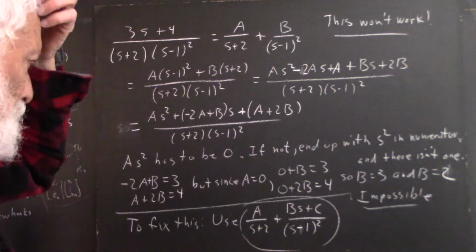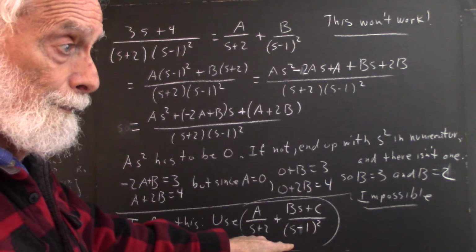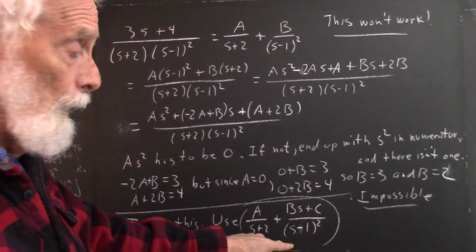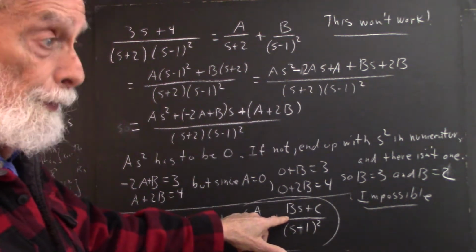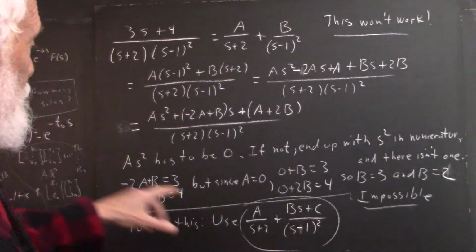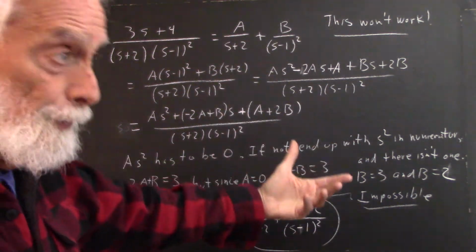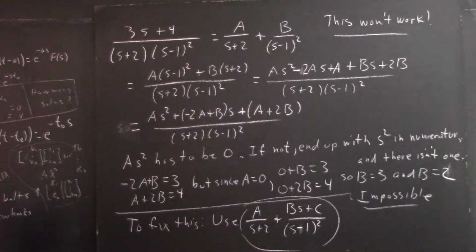Now, we're still going to get an AS squared. Okay? But when we multiply this by S plus 2, we're also going to get a BS squared. So we're not going to be stuck with A having to equal 0. Well, let's work that out.